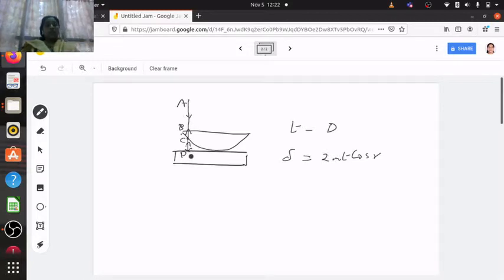So one of these two interfering beams will suffer a phase change of pi, which corresponds to a path difference of lambda by 2.